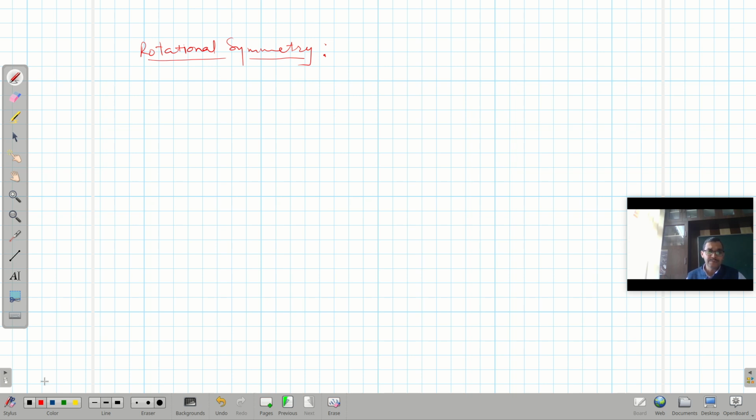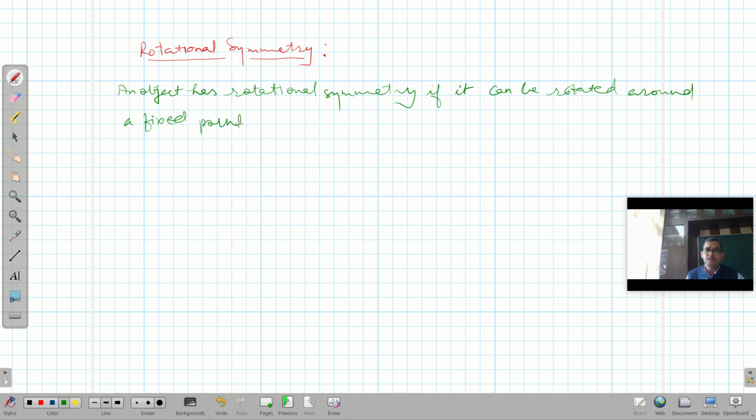An object has rotational symmetry if it can be rotated around a fixed point and still looks the same.